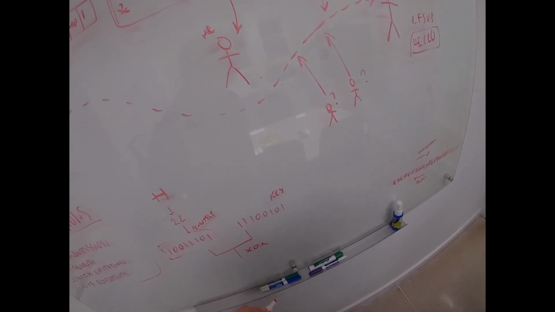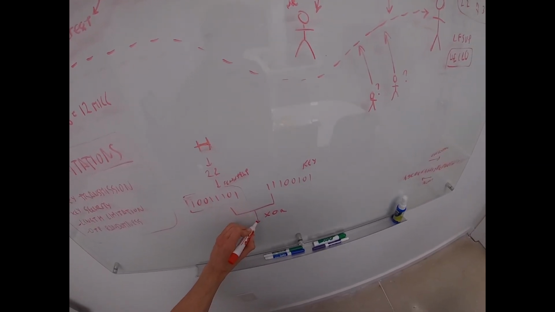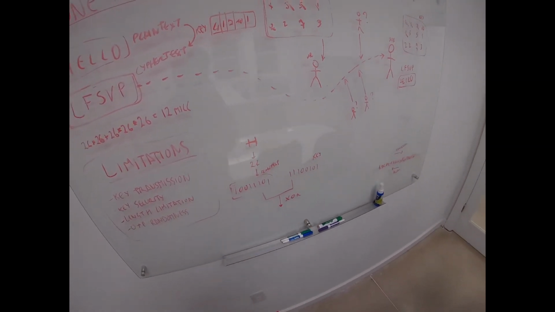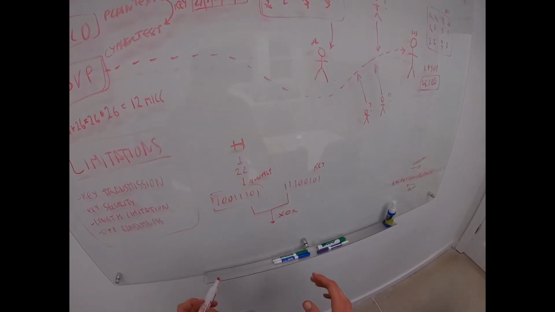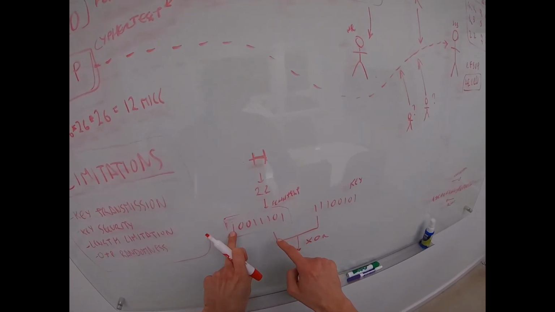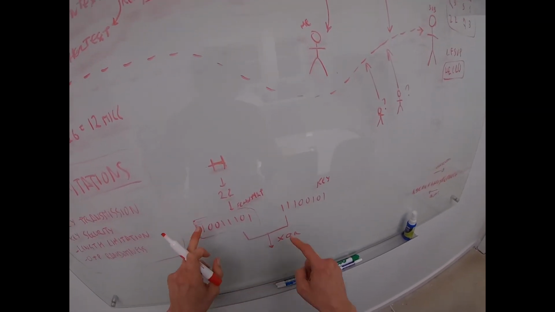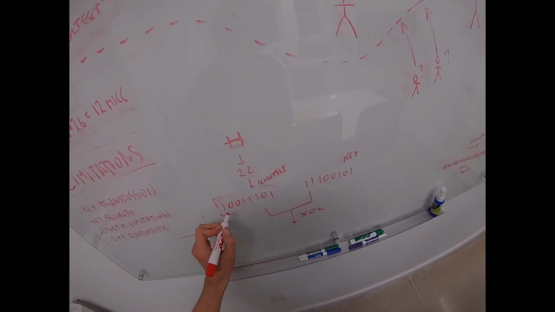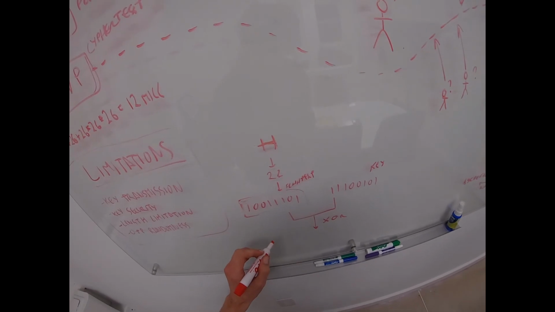If you're watching this video, you should know what XOR or bitwise operations are. The resulting ciphertext is going to be this XOR with this one. I'm having a memory lapse on exclusive OR.